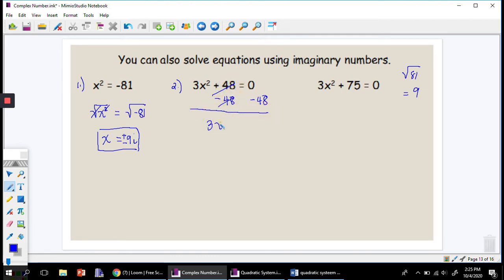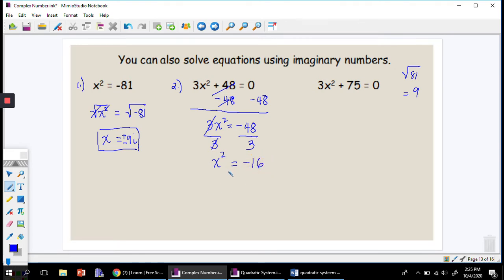So 3x squared is equal to negative 48. And then I also have to eliminate 3 here. This is 3x squared, so this is multiplication. So to eliminate 3, I have to divide both sides by 3. So 1x squared, or x squared, is equal to negative 16.